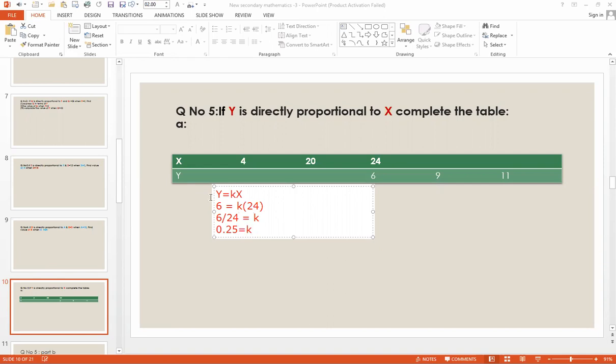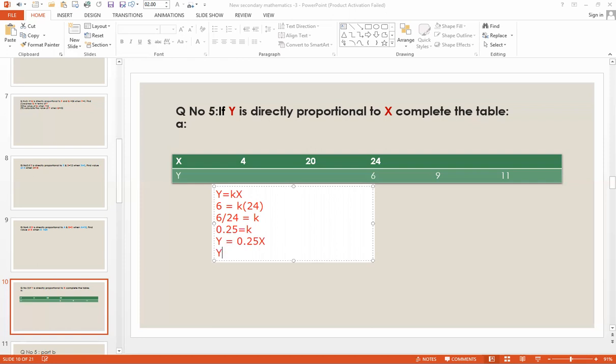Now we come to the connecting equation, that is y is equal to 0.25x. Clear? This is the connecting equation. Now we have to fill the table. In the first place, the value of x is given, and what is the value of x? That is 4.